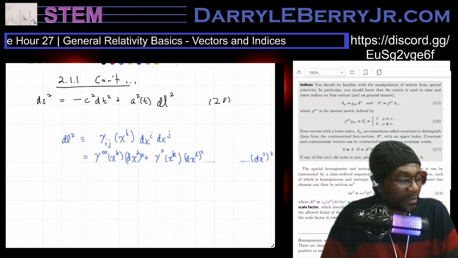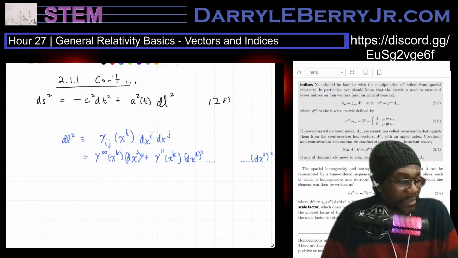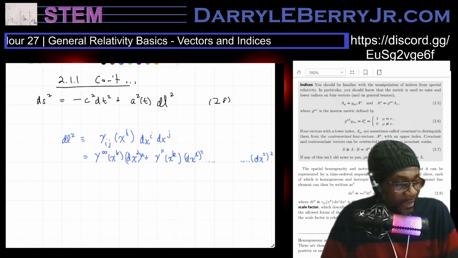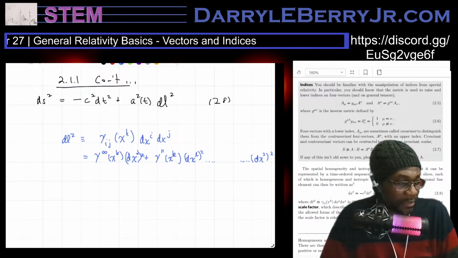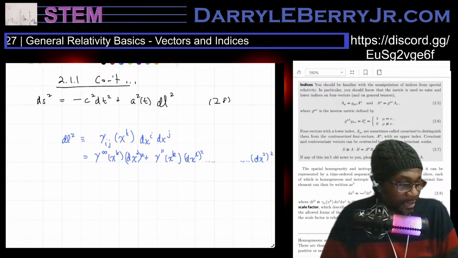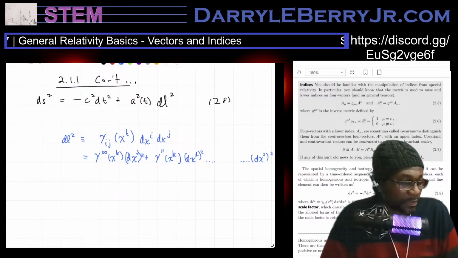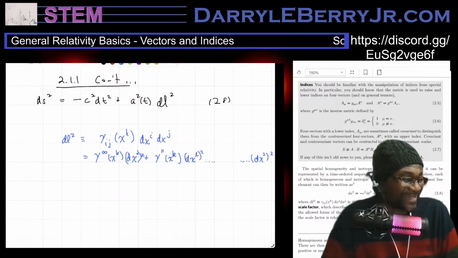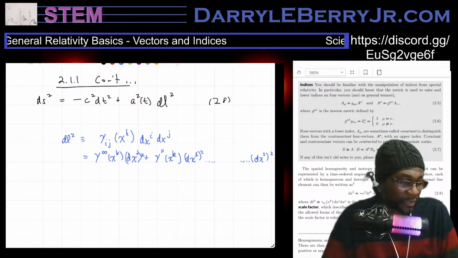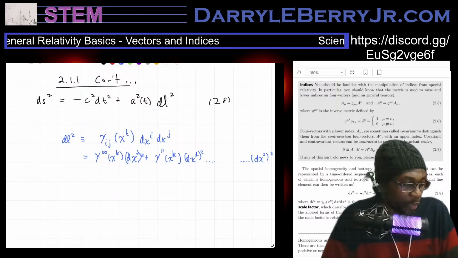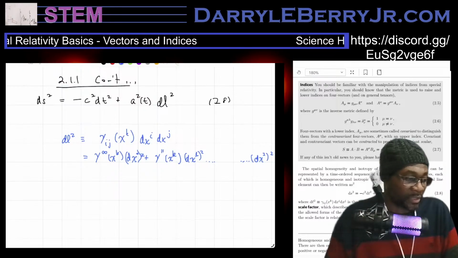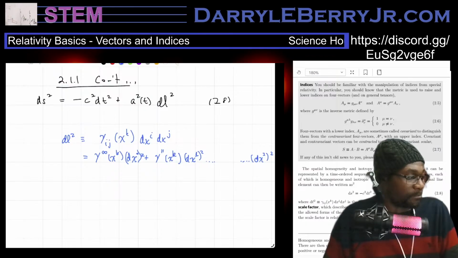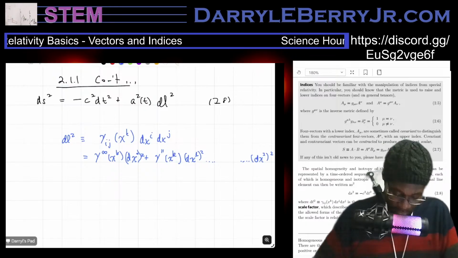So we can see how the dt squared part has negative c squared on it, and each of the components of the spatial component has a squared on it, which is the scale factor, as it says next. So a of t is the scale factor, which describes the expansion of the universe. We will first determine the allowed form of the spatial metric, gamma ij, and then discuss how the evolution of the scale factor is related to the matter content of the universe.